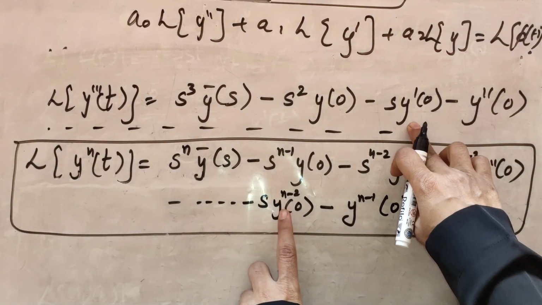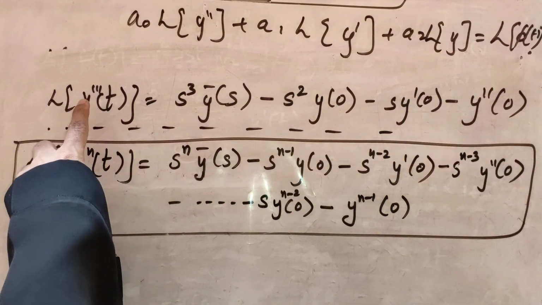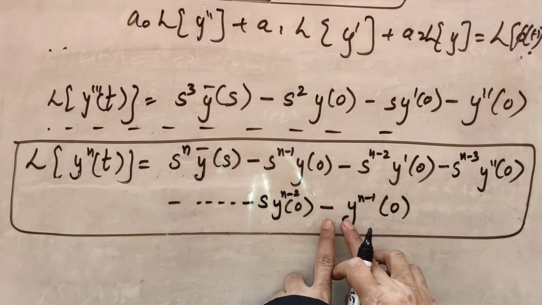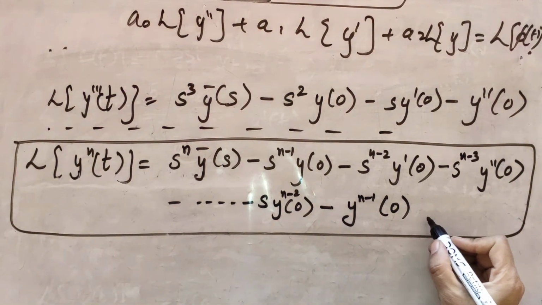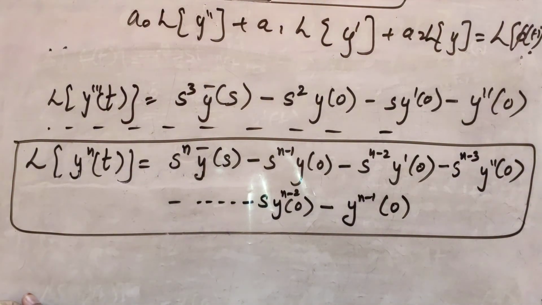Look at this, it was 3, you got first y dash of 0. So minus 2 you can write for any n, and so on. So this is going to be your generalized formula for finding the solution of linear differential equations using Laplace transform.